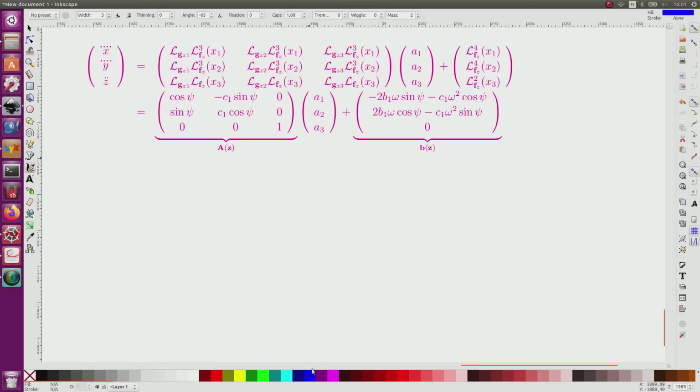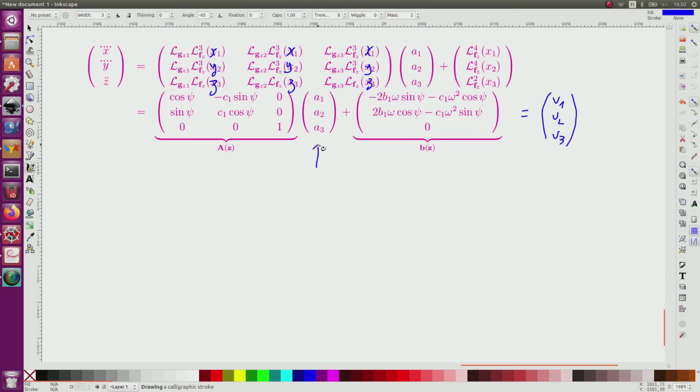So I have this expression where here are the derivatives up to the relative degree of the three outputs, and here it corresponds to x, y, and z. Here I could have computed these matrices by hand, but I will try to do everything using symbolic computation. What I want is that this derivative equals exactly what I want, and exactly what I want means another input, v1, v2, v3.